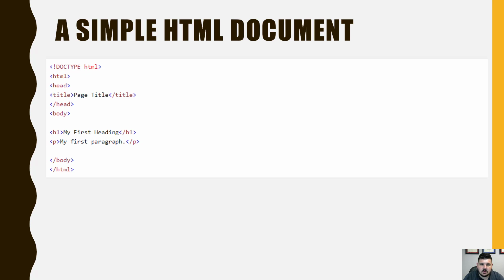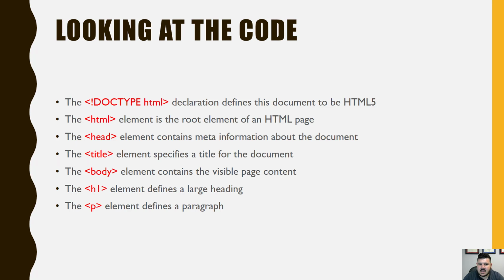This is just a simple HTML document. So we have the doctype, HTML, head tag, our title tag, body tag, and then our closing tag. So it should look very familiar. So let's take a look at what all of these tags are. The doctype is this tag that's letting the web browser know what type of HTML we're using.